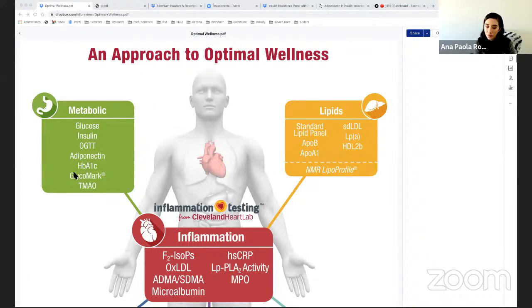TMAO is part of the metabolic process that links carnitine, phosphatidylcholine, and lecithin, as we like to call it. So there's a special link between eggs, meat, and animal products that might lead to elevated levels of TMAO. That's something we want to look at.